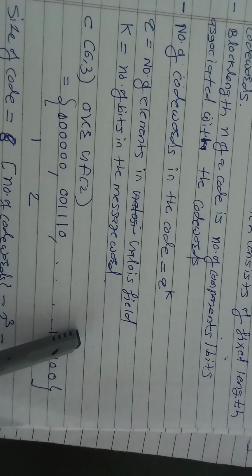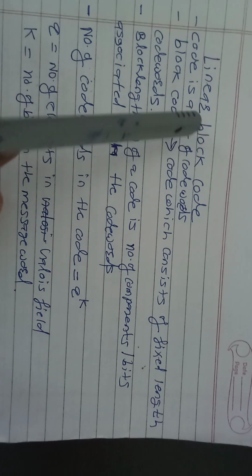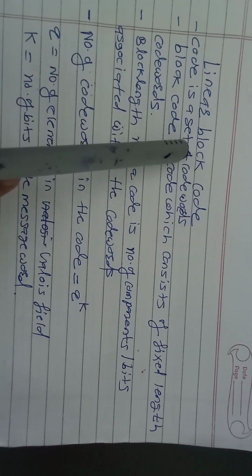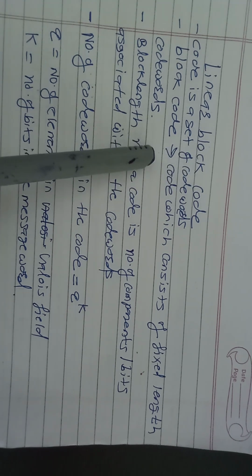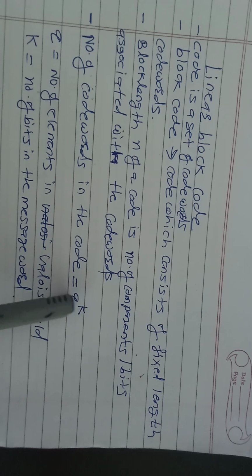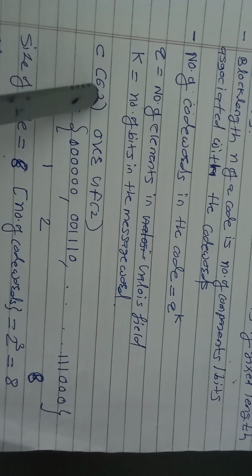So what have we seen till now? We have understood the meaning of the words code and block. Code means a group of code words. Block means the length of each code word, and how many code words there are in that code is decided by k and q. q is the number of elements in the Galois field, and k is the number of message bits. So how is a code formed?